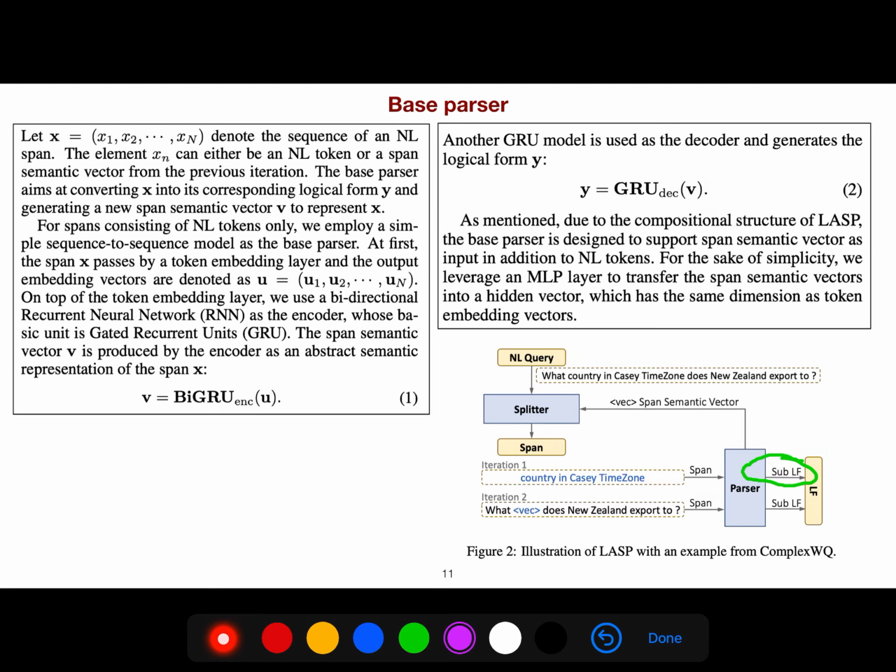But the important idea of this is to combine it with the splitter, because if you split it, for example, this span, we can understand the logical form of it very quickly. And for any span, this translation idea of semantic parsing, which is the easiest one, could be used.